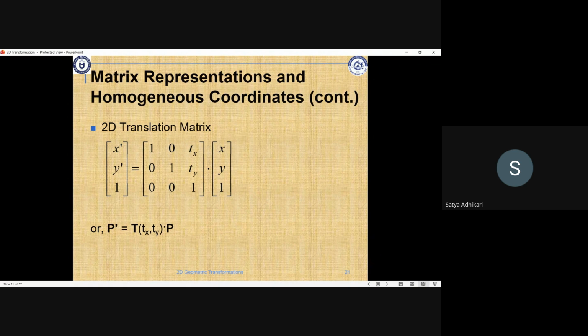That is x dash becomes x plus Tx. And the second equation, y dash equals 0 into x plus 1 into y plus Ty into 1. That means y dash becomes y plus Ty.